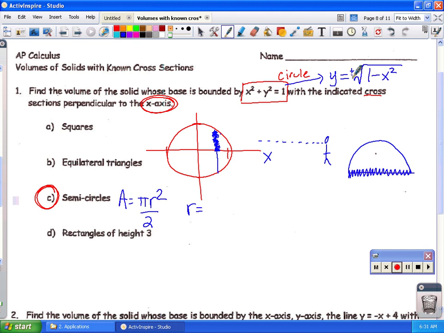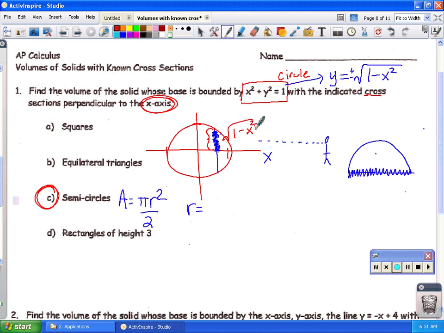Technically, for those of you who want to ask, it's plus and minus, but the distance from here to here is only from the x-axis to the positive side of the circle. So this distance that I just highlighted is the positive square root of 1 minus x squared. That is the length of my radius.